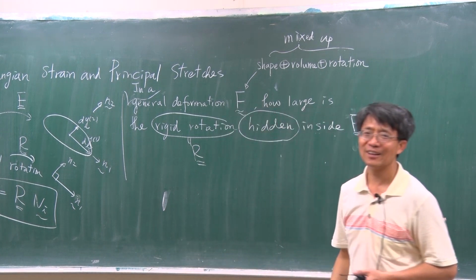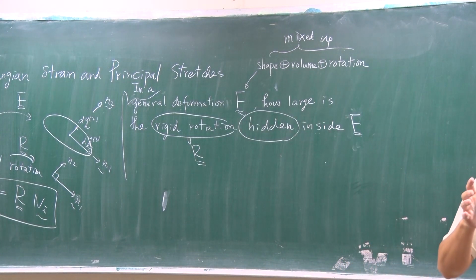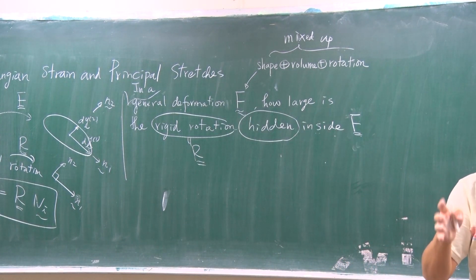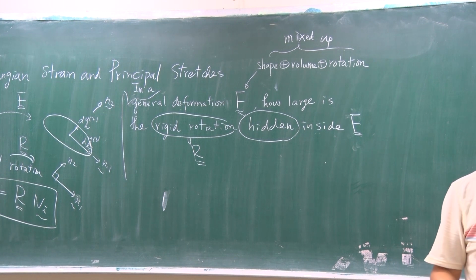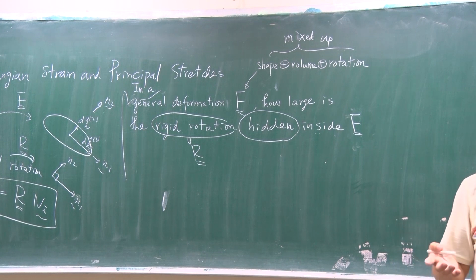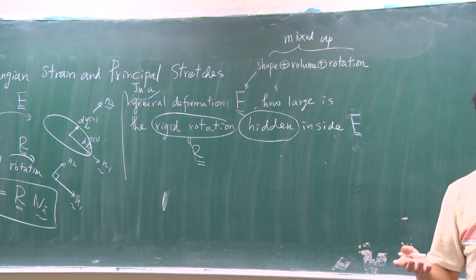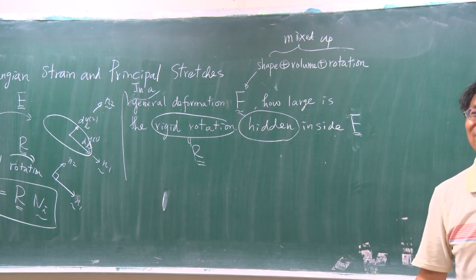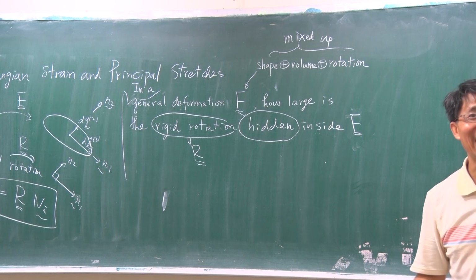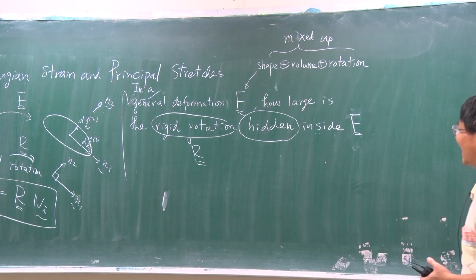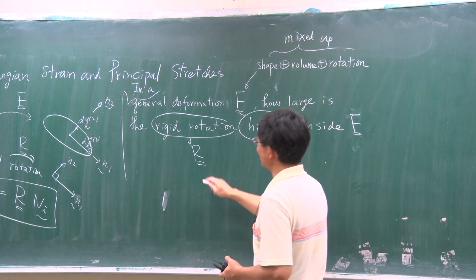Okay. Finally, we have the method to find out the bad guy, because all the troubles are induced by the rigid body rotation. The bad guy is the rigid body rotation. Now we know who the bad guy is: the bad guy is R. How to compute R?